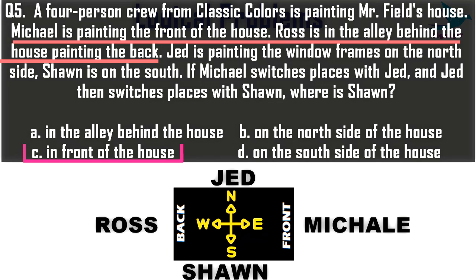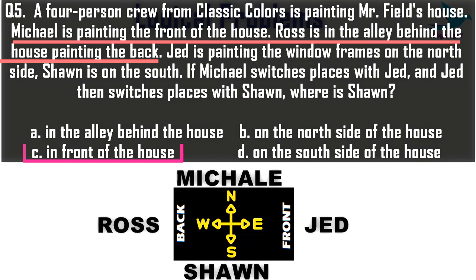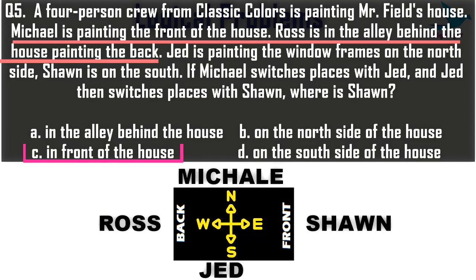So in this case, let's assume Michael to be in the east. Then it's said that Michael switches places with Jade. Then it's given Jade will then switch places with Sean. Now we can clearly see that Sean has replaced the place of Michael. So if the question wants to know where Sean is, then Sean has taken Michael's place. So the right option is option C, in front of the house.